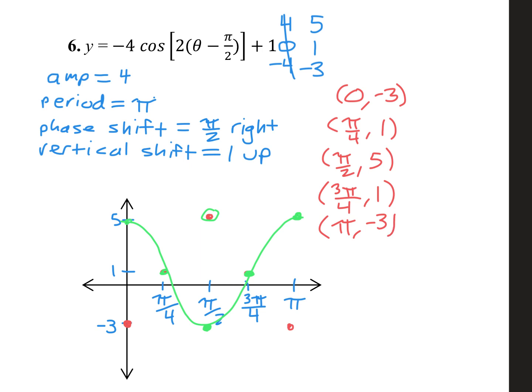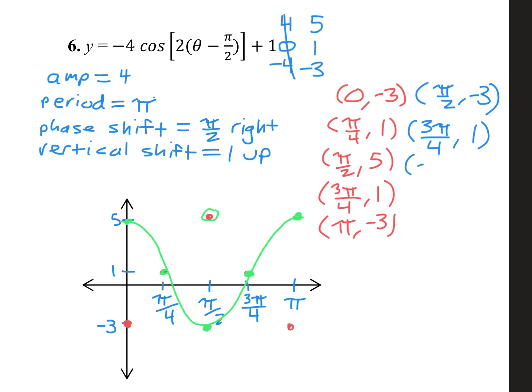All right. And then these points all got shifted pi over 2 to the right. So this one went to pi over 2, comma -3. I'm just adding pi over 2 to the x-coordinate. A quarter pi plus half a pi is 3 pi over 4. All right, add pi over 2 to this x-coordinate.